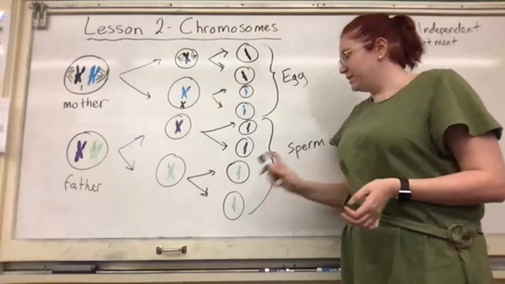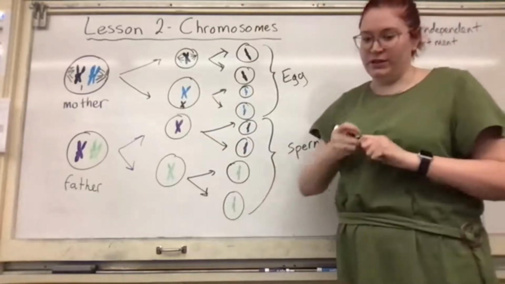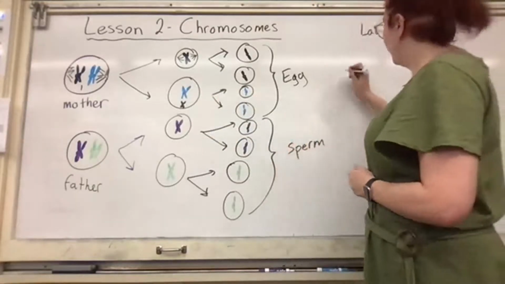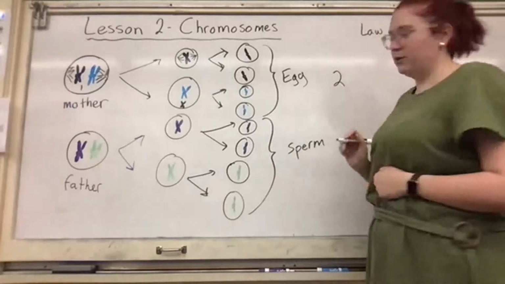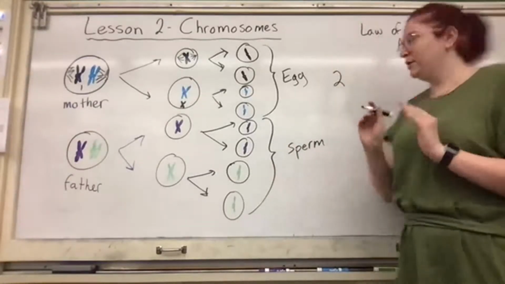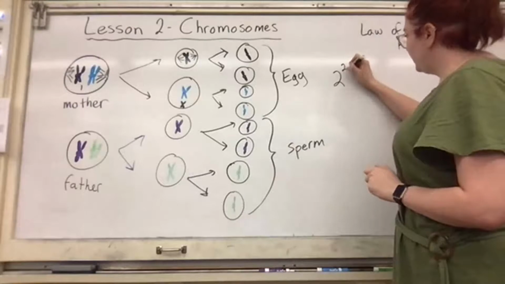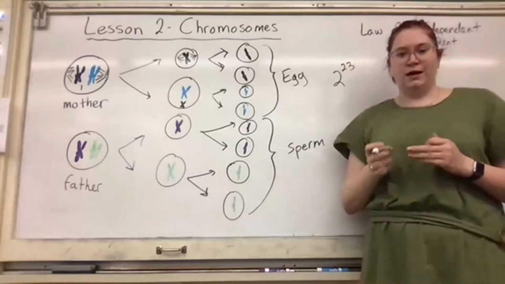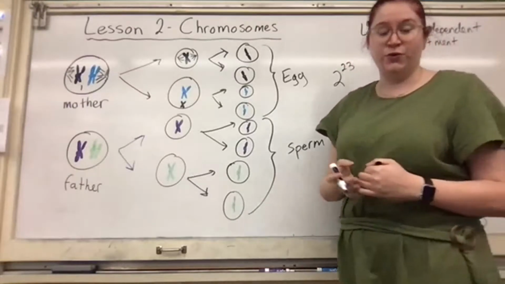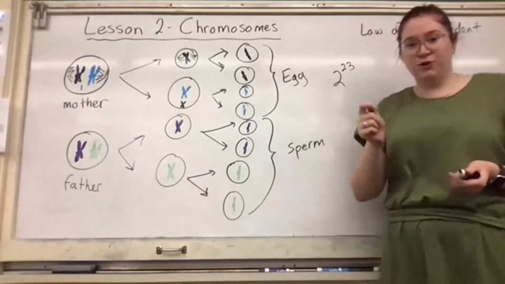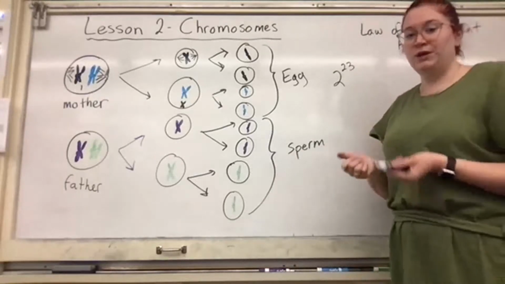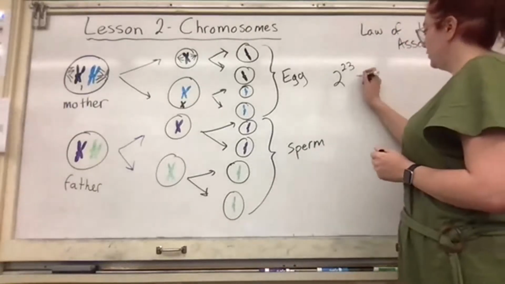So what that means is that for egg and sperm combinations, you actually have 2 to the power of 23 combinations of chromosome pairs. So imagine like flipping a coin 23 times.